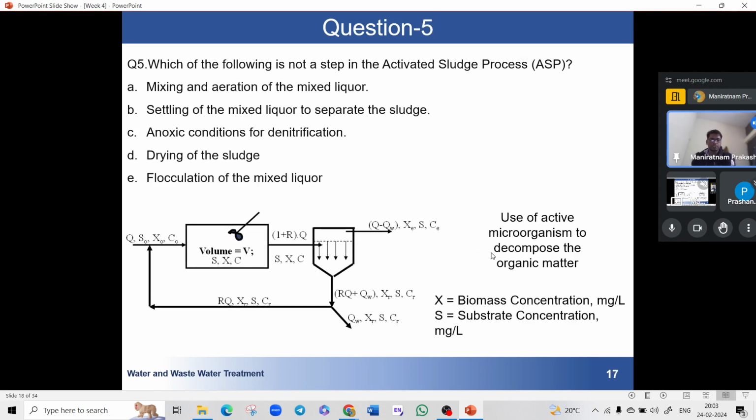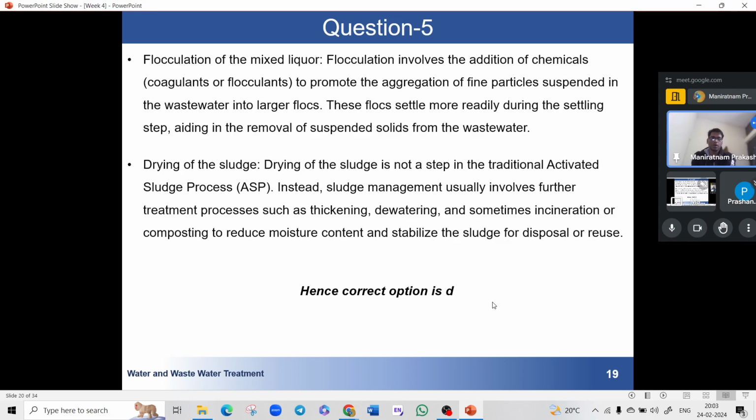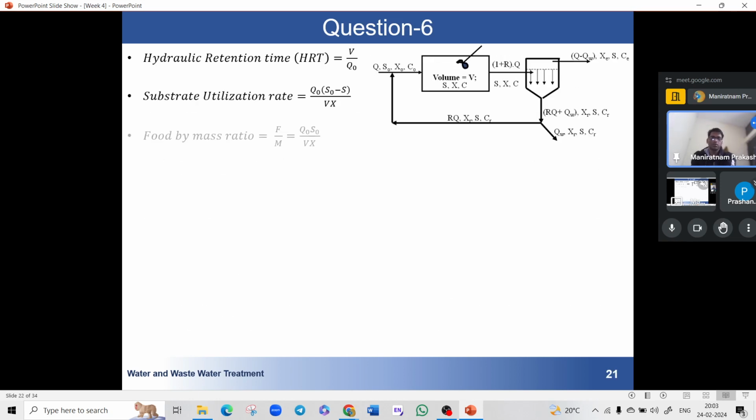X is biomass concentration, meaning in that volume V, how much mass of microorganism is present there. That is the mass we are talking about, and you have to find its ratio.